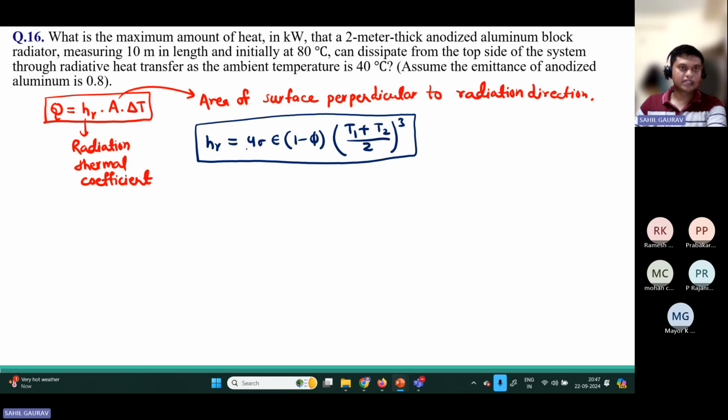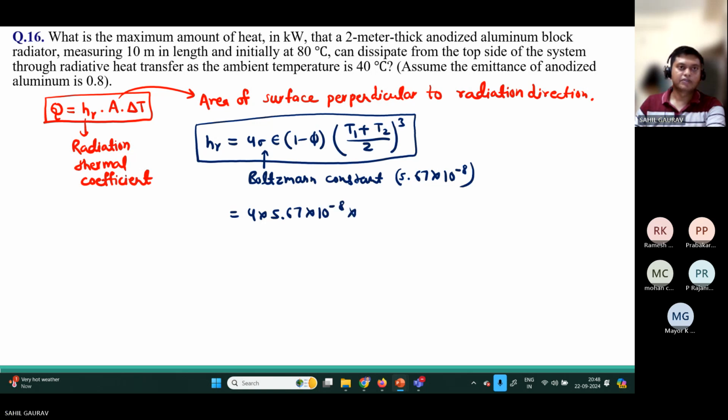So let us first find the HR. Sigma is the Boltzmann constant, and the Boltzmann constant is 5.67 into 10 to the power minus 8. So 4 into 5.67 into 10 to the power minus 8. Epsilon is emissivity. The emittance of the anodized aluminum is 0.8.